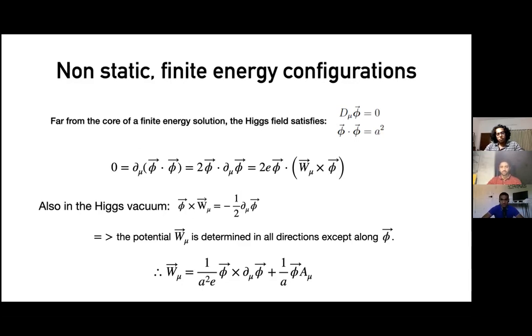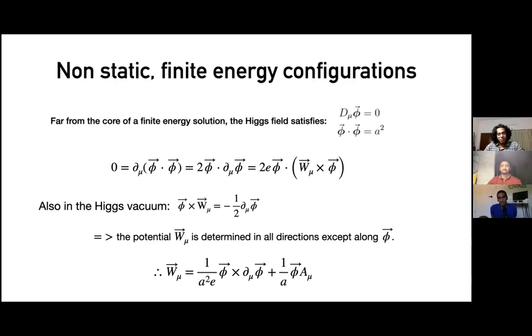And remember that those are basically that d mu phi is 0 and phi dot phi is a squared. It'll be useful to take the derivative of that condition. The reason why it's useful is that d mu phi being 0 means that partial mu phi minus 2e times w cross phi equals 0, which means that phi dotted with partial mu phi is actually phi dotted with w cross phi.